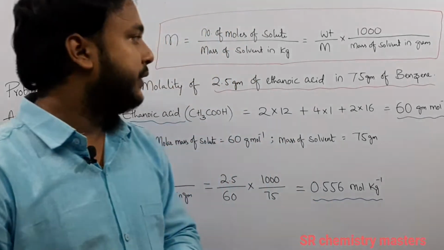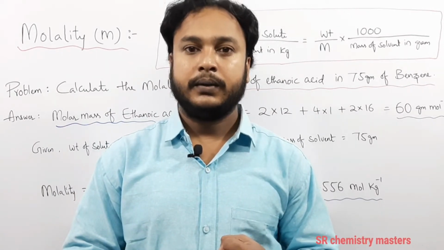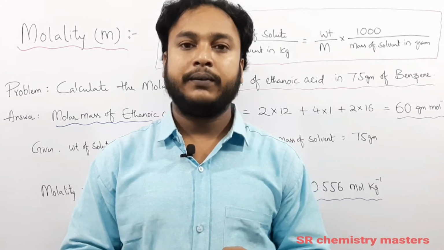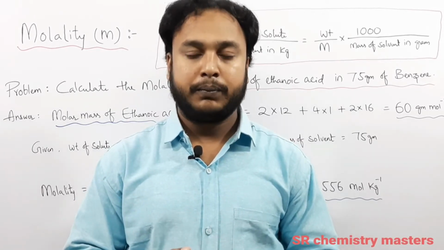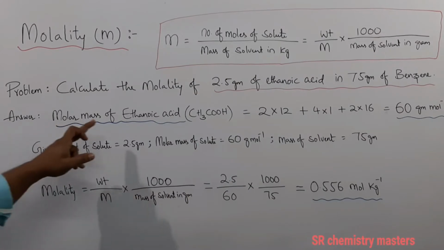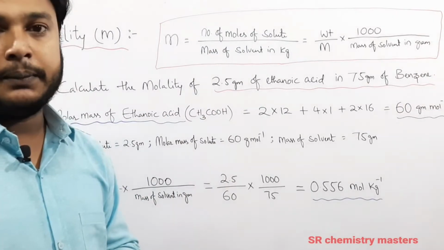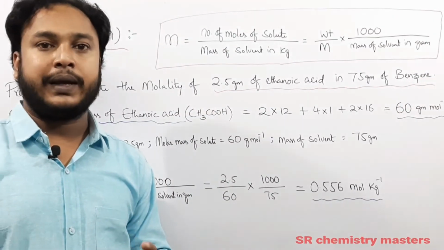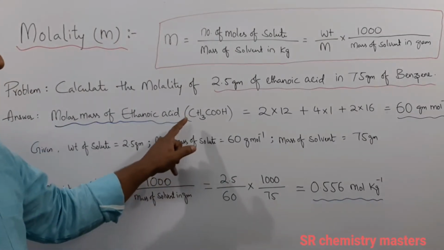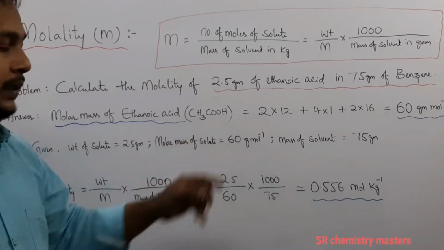The first thing which we have to do is, we know the weight of ethanoic acid. We have to calculate the molar mass of ethanoic acid so that we can find out the number of moles of ethanoic acid. As we know, the formula for ethanoic acid is CH3COOH. In the previous video also we have seen how to calculate the molar mass. Here in ethanoic acid we have 2 carbon atoms, 4 hydrogen atoms and 2 oxygen atoms.